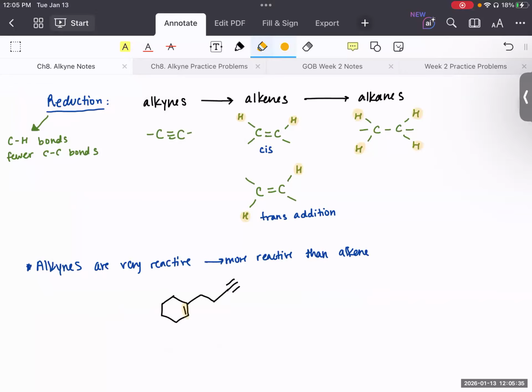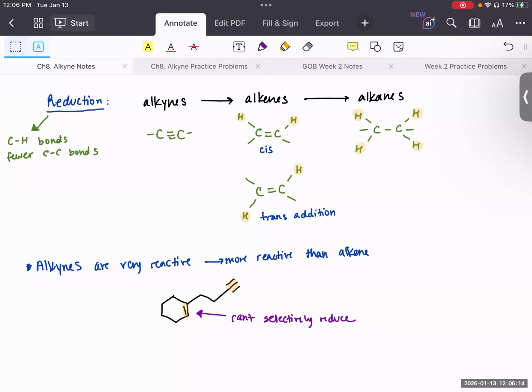So we have two functional groups here, the alkyne and the alkene. There's not really a good way to selectively reduce this alkene, and none of the reactions that we'll talk about here will be able to selectively reduce just the alkene. We can selectively reduce alkynes since they're more reactive, so we can use a weaker reagent to reduce the alkyne down to the alkene without affecting existing alkenes within the structure.